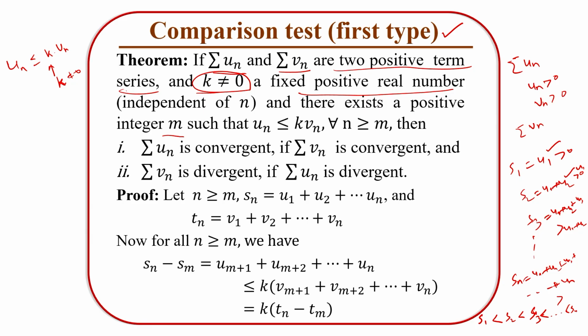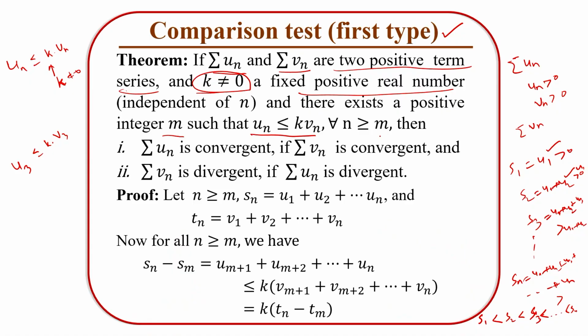Remember this one: if you compare u3, you have to compare it with v3. I am comparing this inequality term-wise, not something like u3 is less than k into v5, no. So I am comparing term-wise, and that is important, right? And this is true for a given fixed positive integer m.